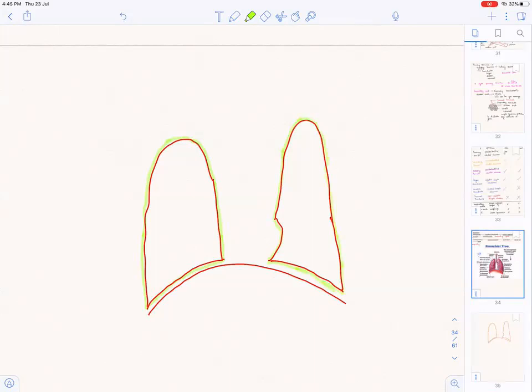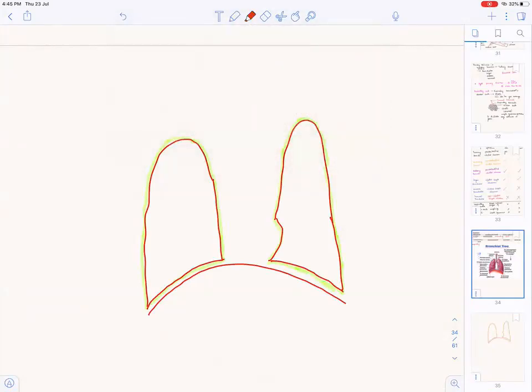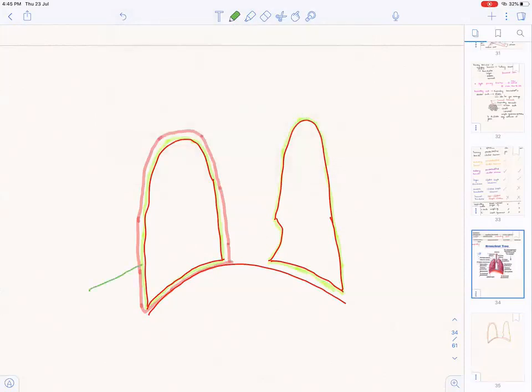Okay, so this is the visceral pleura, and I'm drawing it a little far so that I can show you the pleural cavity. And then there is one more layer, that is the parietal pleura, right? So the visceral pleura is closer to the lung, and this red is the parietal pleura.